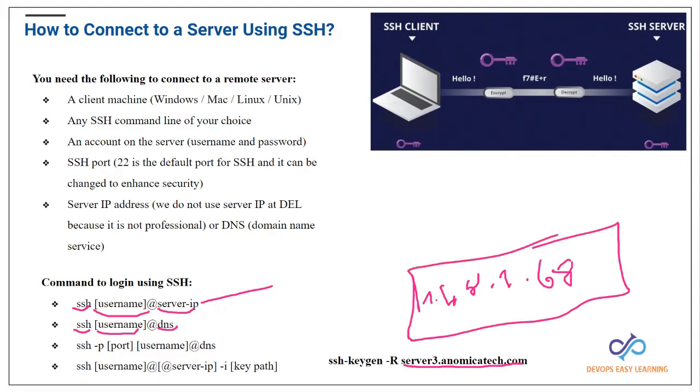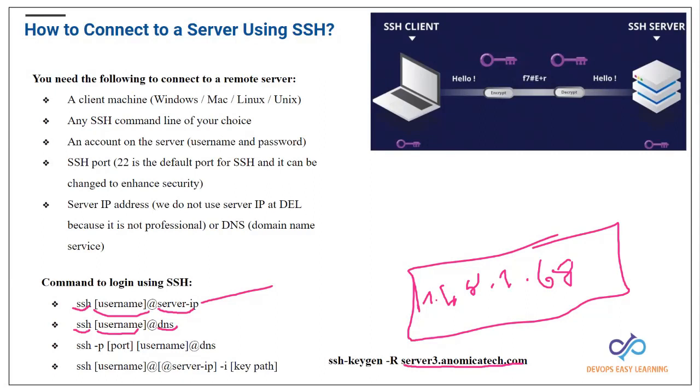But if somebody just gives you a fully qualified domain name, it's easy to remember. And that is why a lot of companies out there won't use IP to connect. Instead, they are going to use a domain name. I have a server here that I set up with a fully qualified domain name.